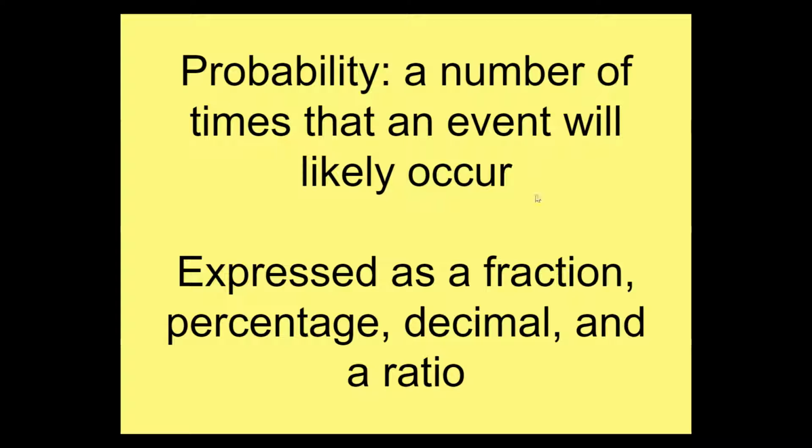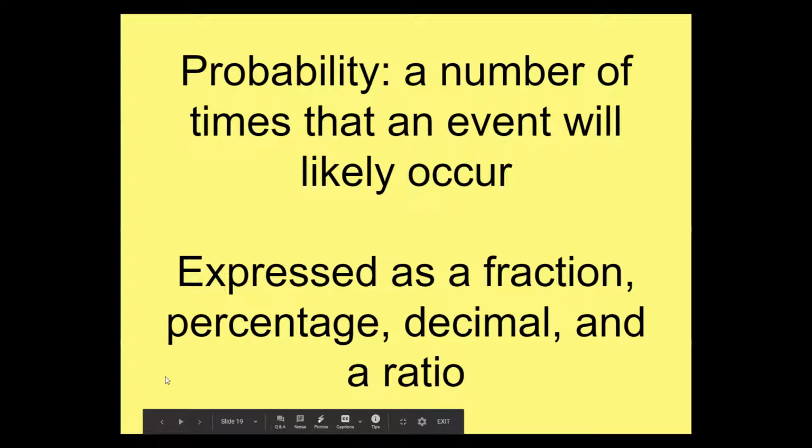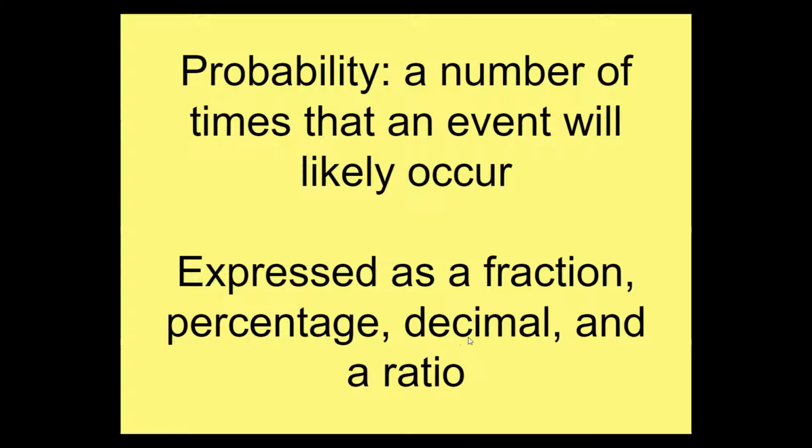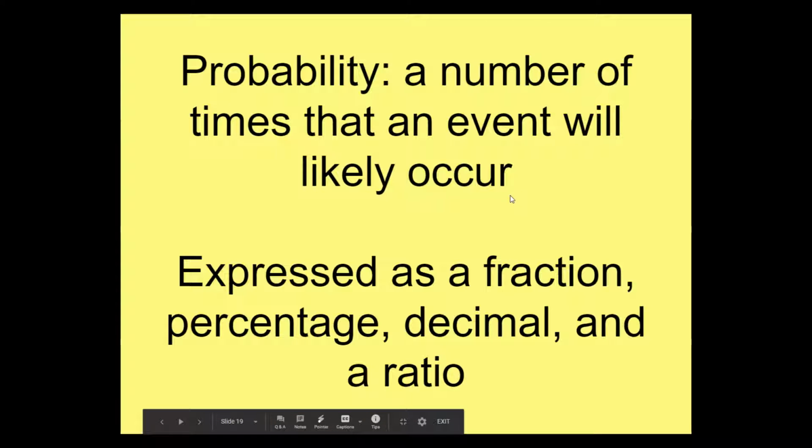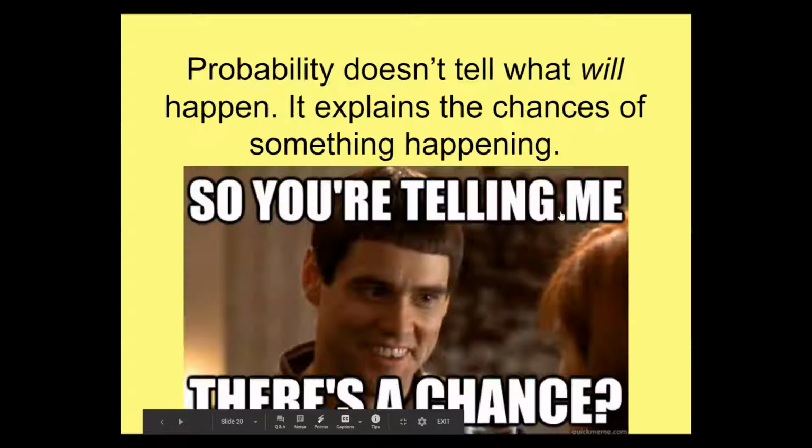And this probability is normally expressed in a fraction. So like 1 out of 4 would be 1/4, or a percentage, and you know how that one is. A decimal with a decimal point. Y'all know that one. And as a ratio, I believe you guys have talked about it in math already. So probability doesn't tell what will happen. It explains the chances of something happening.